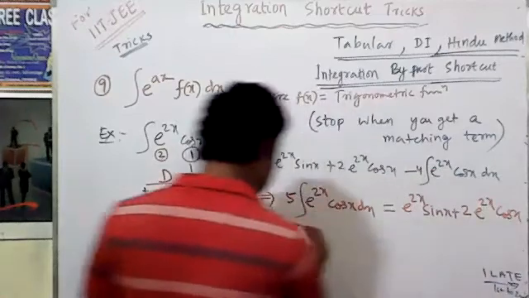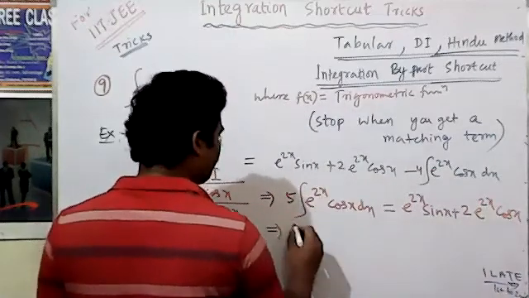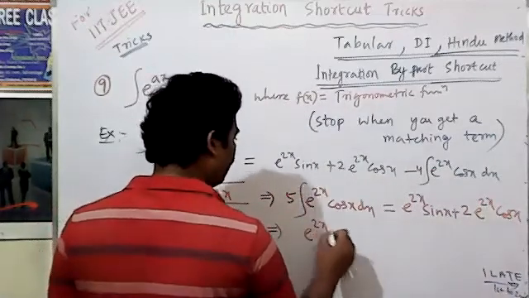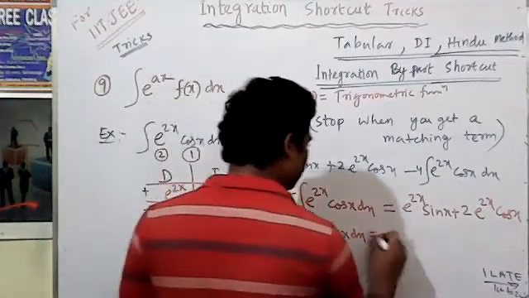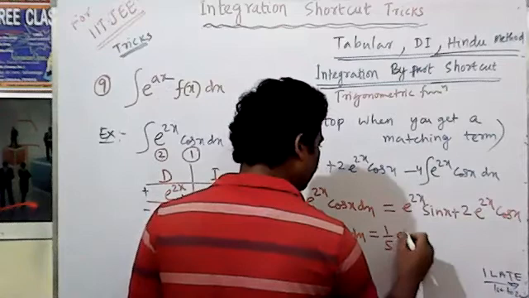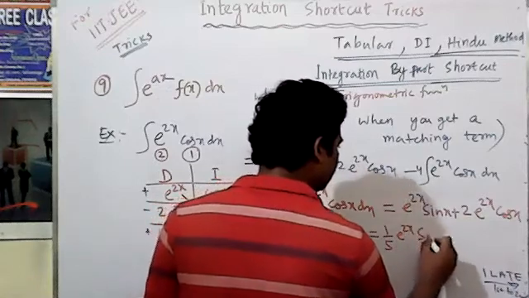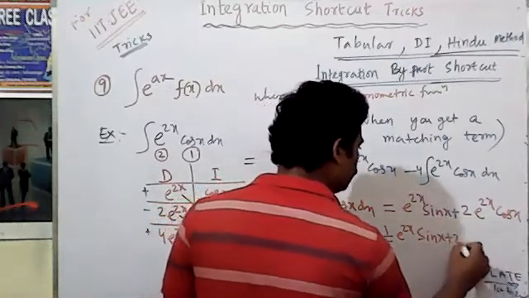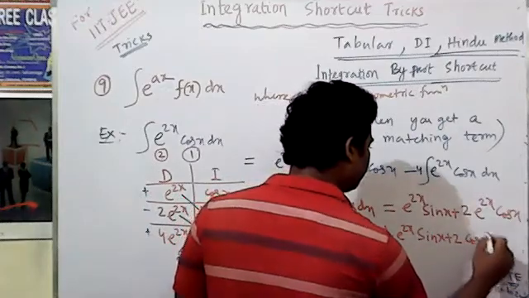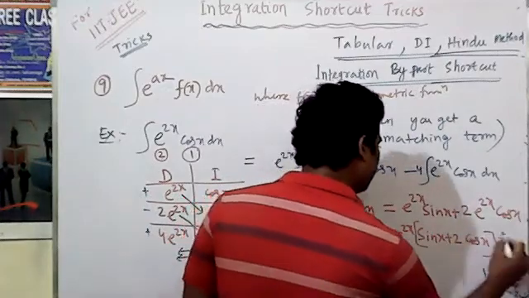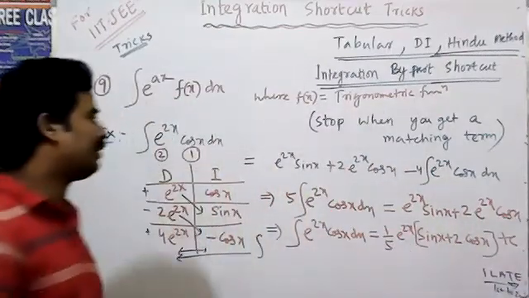That means you can say the integration of e to the power 2x cos x dx is equal to 1 by 5 of e to the power 2x sin x plus 2 e to the power 2x cos x, plus c. This is the answer.